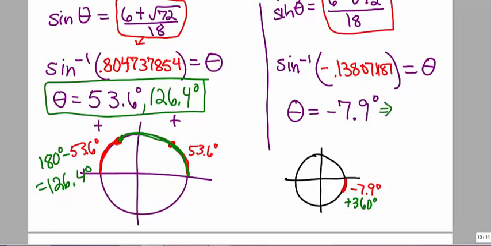And so what we actually get is a positive coterminal angle, 352 point, I get 0.1 degrees. So there's one of our solutions in quadrant 4.